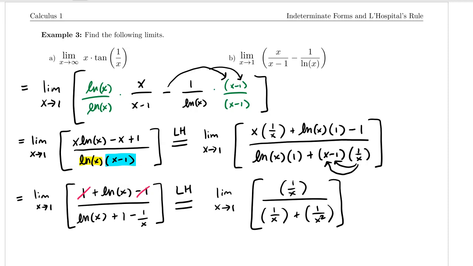And it looks like we're going to be able to use direct substitution now. If I use direct substitution, we would get 1 over 1 in the numerator, and 1 over 1 plus 1 over 1 squared in the denominator. The numerator is going to simplify to 1, and the denominator would end up simplifying to the number 2. So finally, we get that our limit is 1/2.